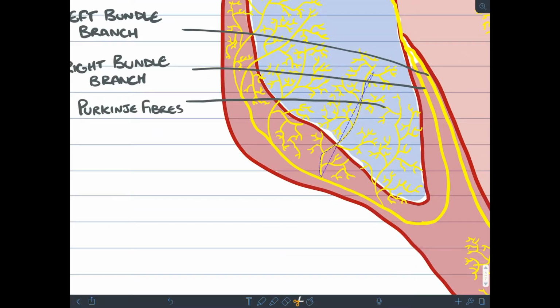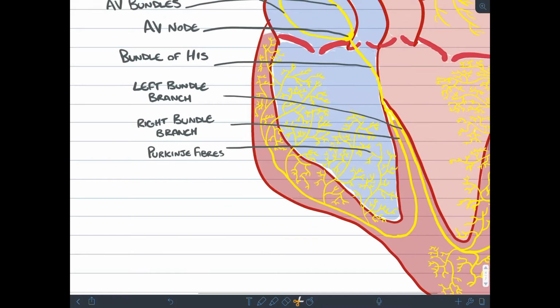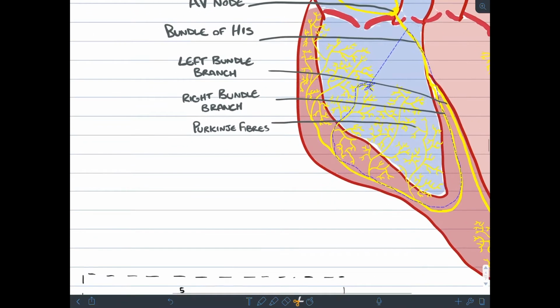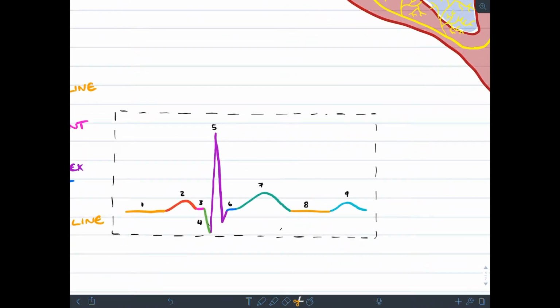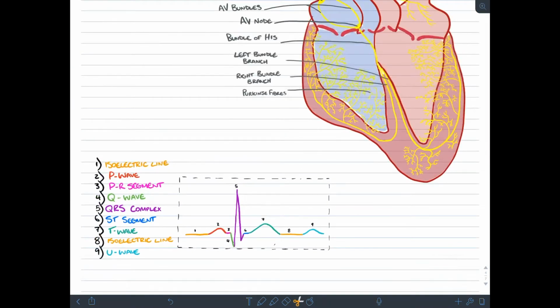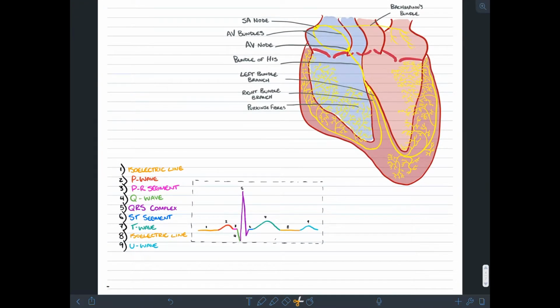And these are the Purkinje fibers. So as the electricity floats through, it goes through the Purkinje fibers and signals for the entire ventricle to depolarize. That occurs, and we see a large positive spike on our QRS, and that's why it's such a large spike in comparison to every other wave or complex that we see on the ECG.